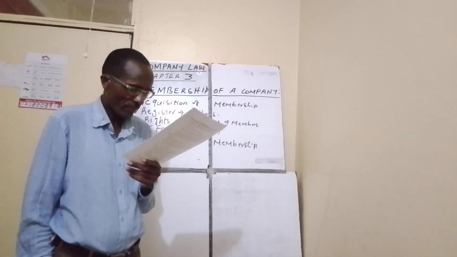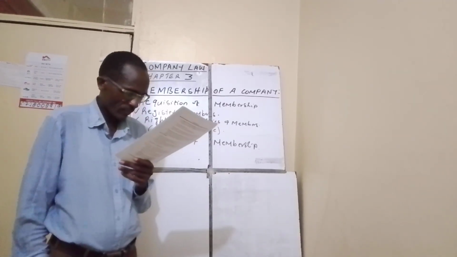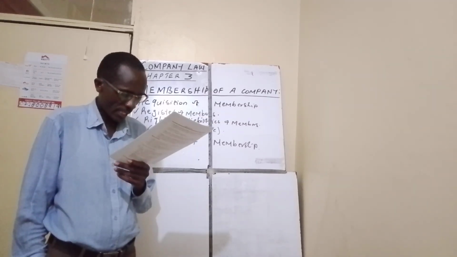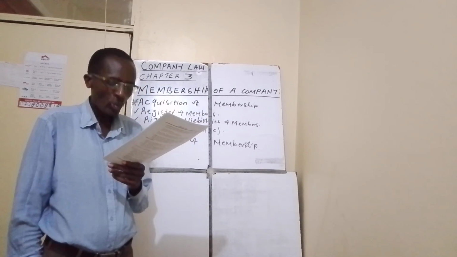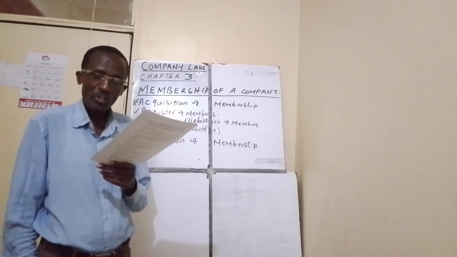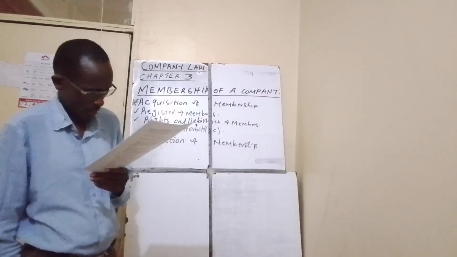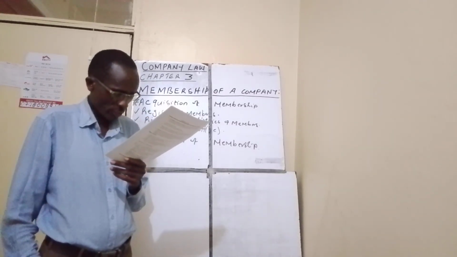The person's name and any former name. 2. Service address. 3. The country or state or part of Kenya in which the person is usually resident. 4. The person's nationality. 5. The person's business or occupation, if any. 6. The person's date of birth.